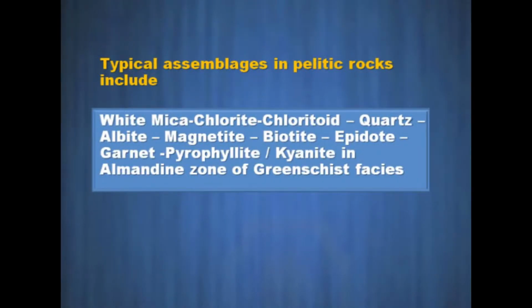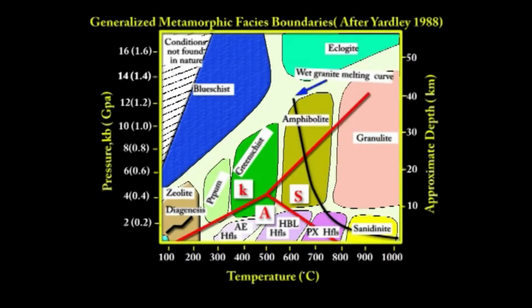As the PT conditions increase, greenschist facies assemblages with new minerals form. Typical assemblages in pelitic rocks include white mica, chlorite, chloritoid, quartz, albite, magnetite, biotite, epidote, garnet, pyrophyllite, kyanite, and the almandine garnet zone of the greenschist facies.